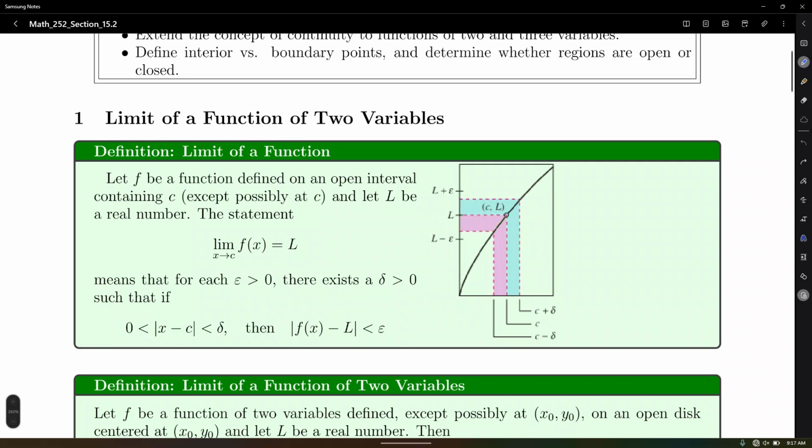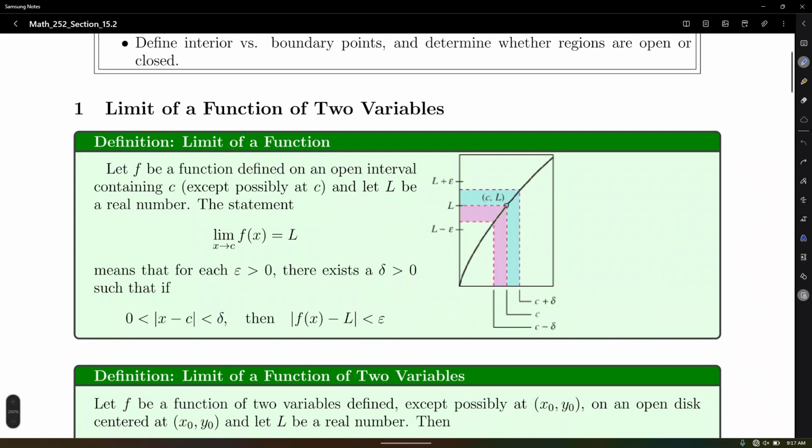But in the end, this is just the formal way to describe the limit: for every epsilon there corresponds a delta. That is, if you're finding the limit approaching c, if you go some units away to the right or to the left, the idea is that the limit exists if you approach the same y value from either side.